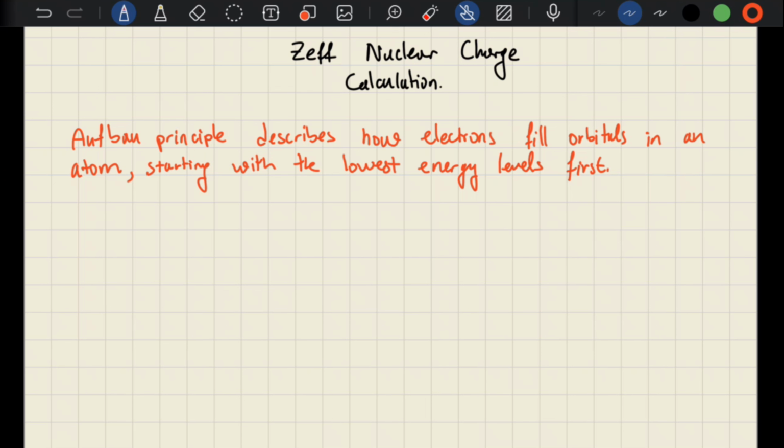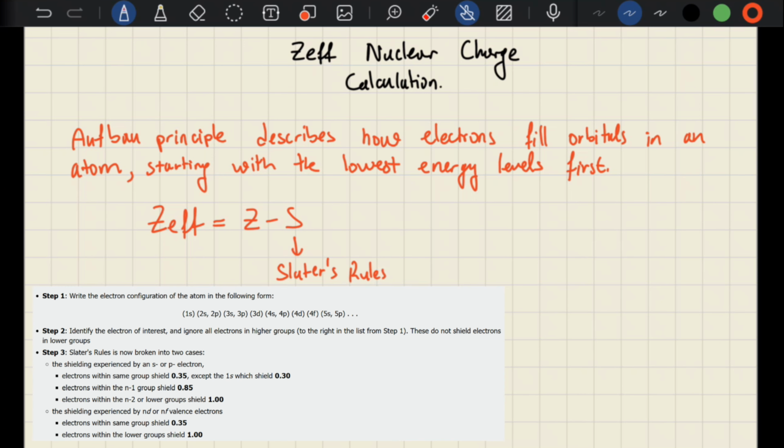D group elements can become complicated, and you might think, can we use the Z effective nuclear charge, even if we have Slater's rule? To calculate the S, we are using Slater's rule. Actually, there are more than one rules.